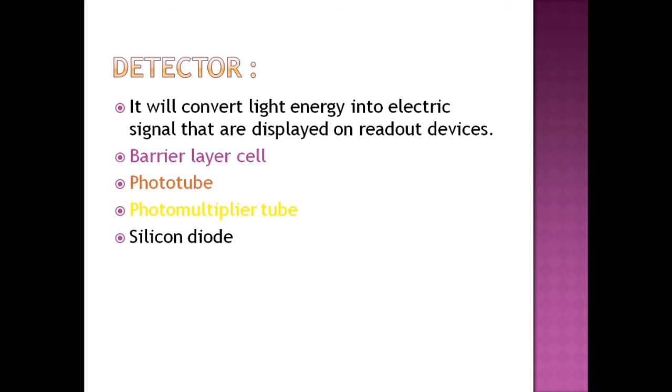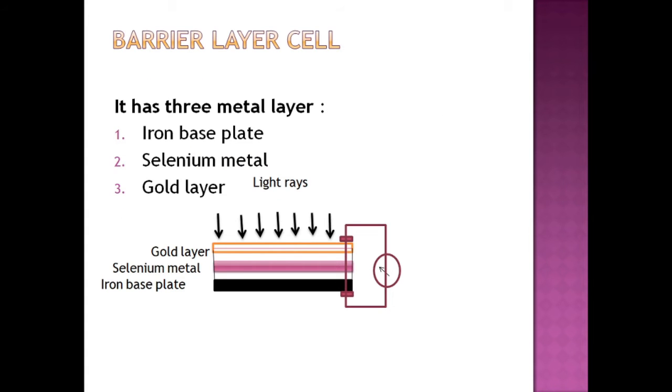So the first detector is the barrier layer cell. A barrier layer cell has three layers: an iron base plate, second is selenium metal, and third is a gold layer.